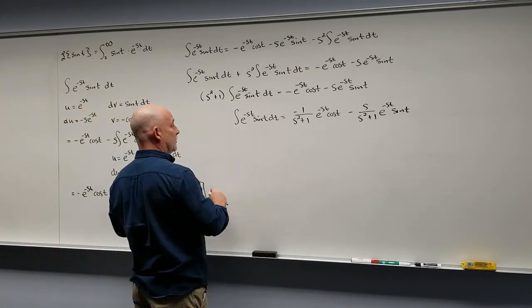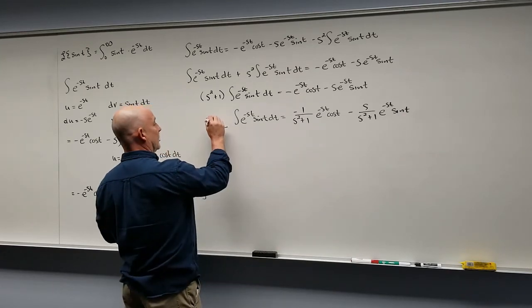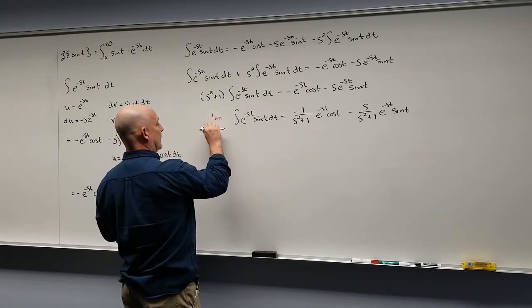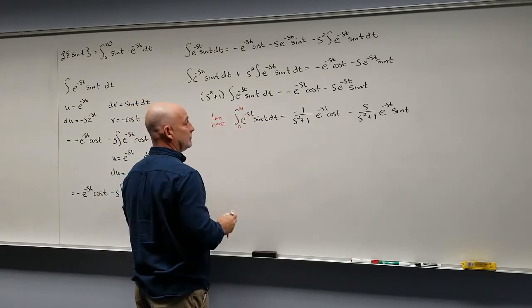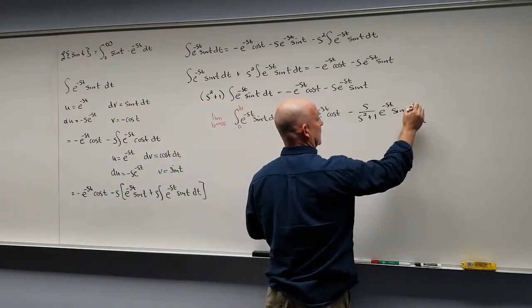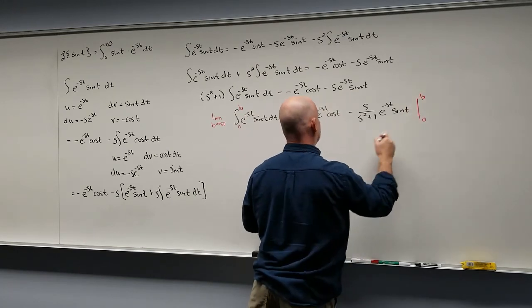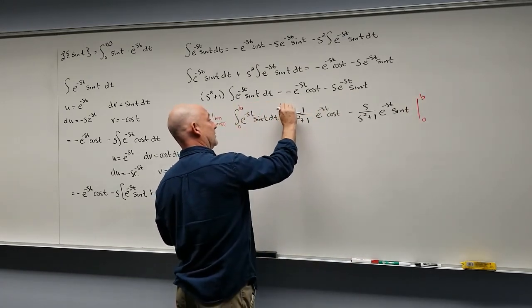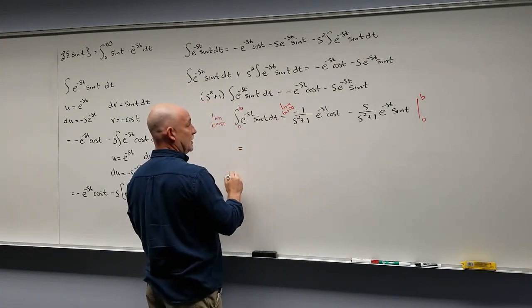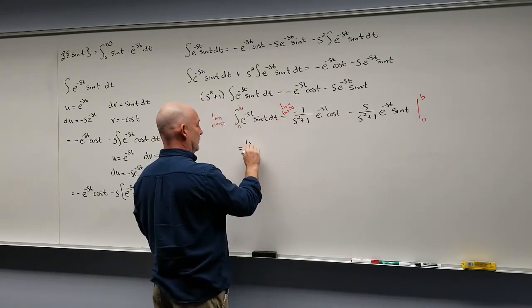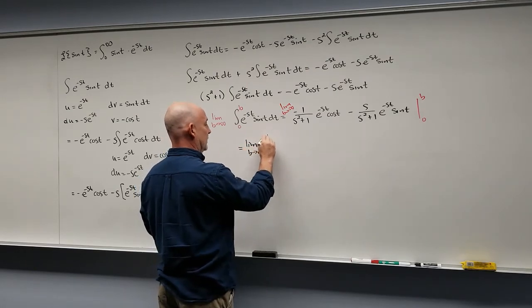So if we do kind of the same thing, let me go ahead and make some room here. We could go ahead and make this our limit as b goes to infinity from 0 to b, which means on this side, since we've already integrated it, we want to go from 0 to b, and we got our limit right here. Okay, so this will be equal to the limit as b goes to infinity.